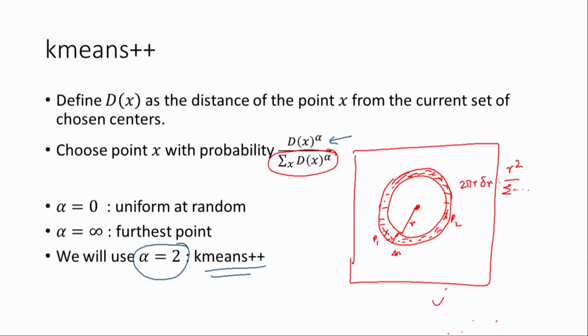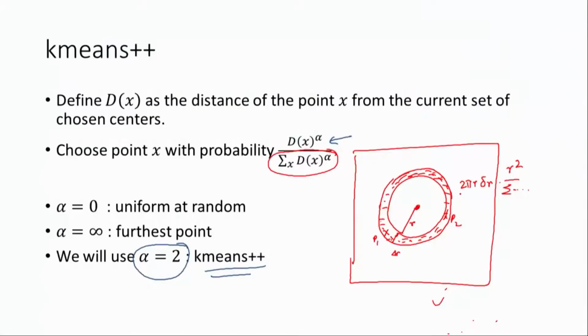This still increases with r, which means the probability that the next point will be chosen at a larger distance is much higher than at a smaller distance.